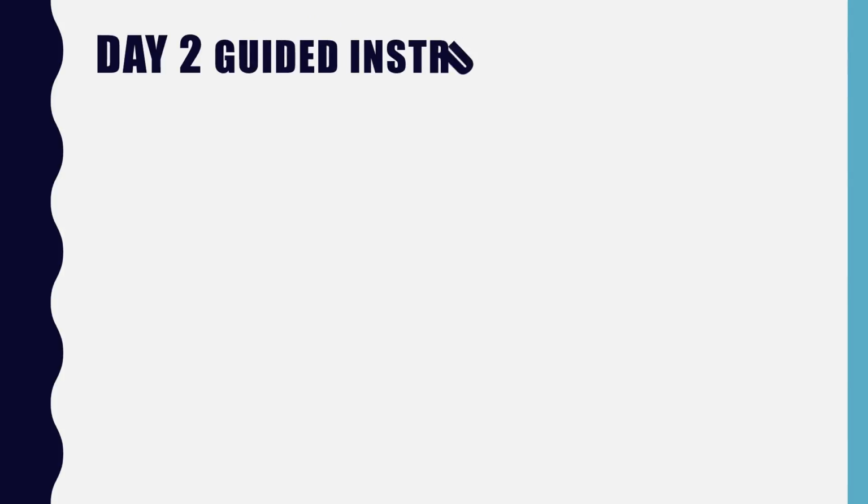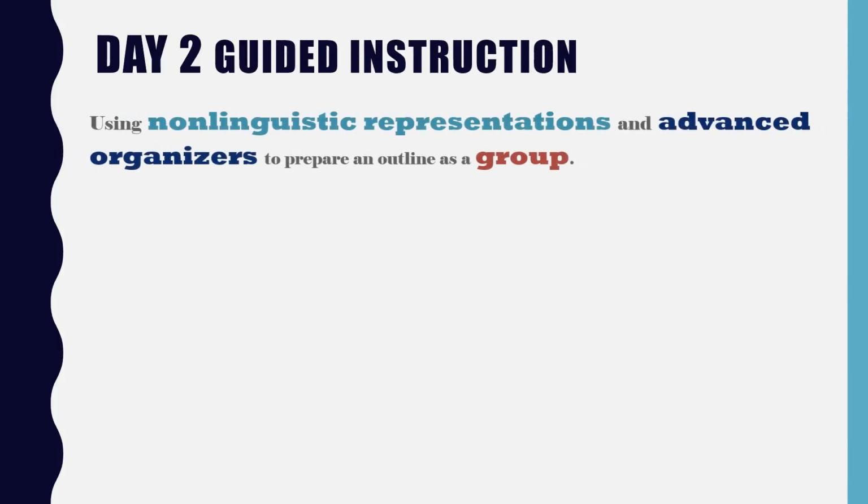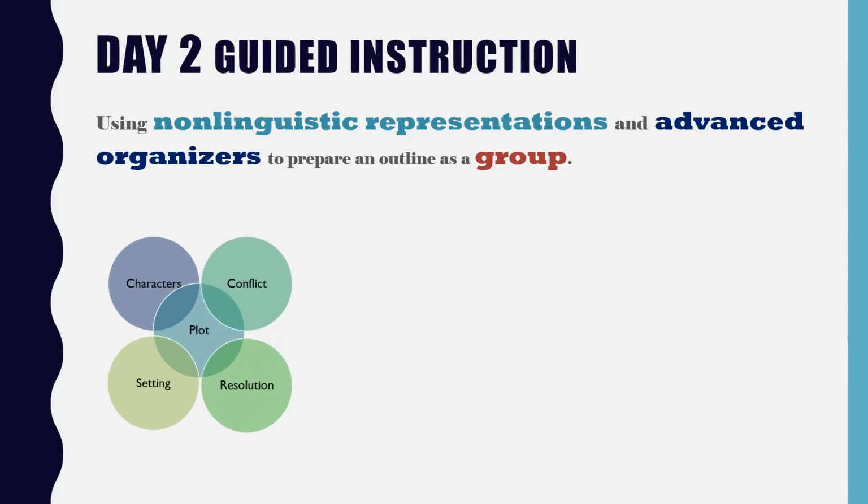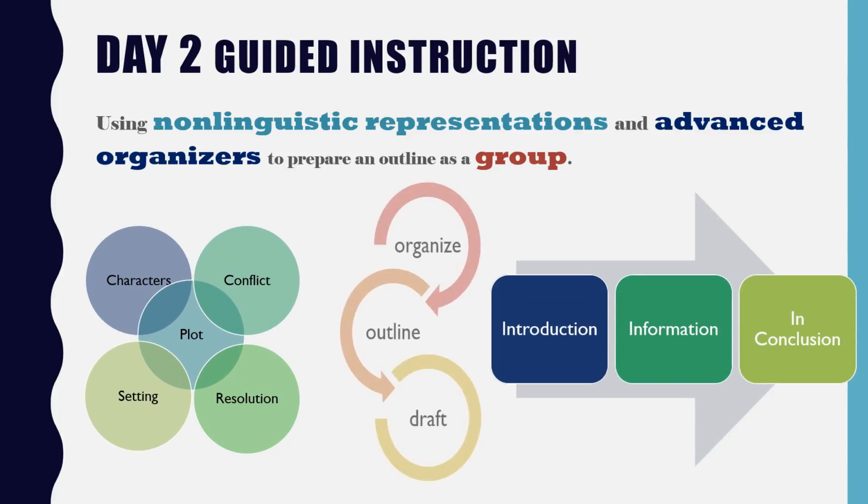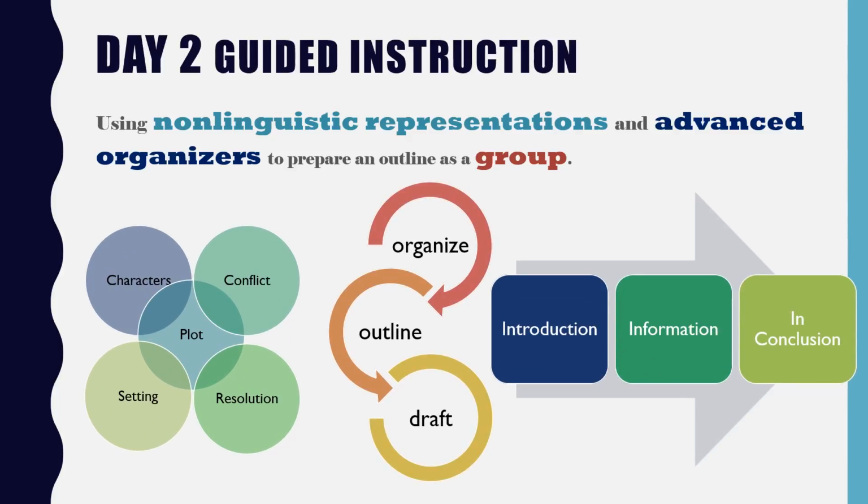Day 2 of this lesson focuses on guided instruction. So on day 2, students and the instructor will use non-linguistic representations and advanced organizers to prepare an outline as a group. So together, students and the instructor will learn the elements of an essay, and they will prepare information together.